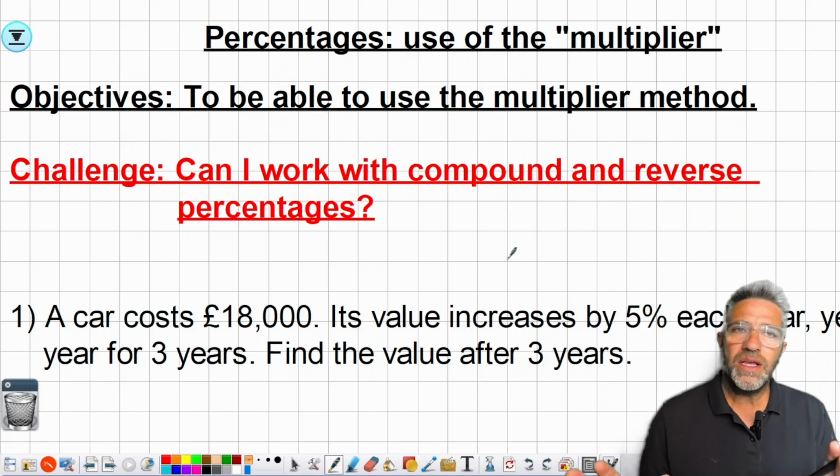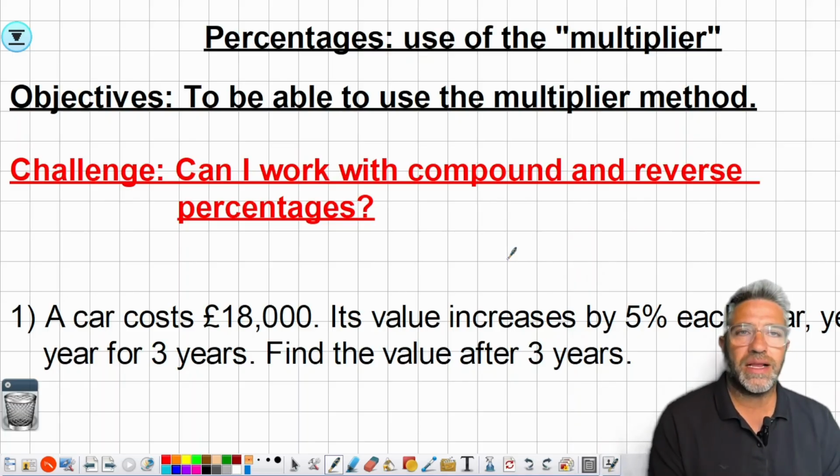Not always. So I'm only going to assume that somebody's bought a rare vintage car, perhaps, that is an investment. In other words, it's going up in value, but it certainly isn't the norm. This would not normally be the case. But nevertheless, that's the question we've been presented with. So let's start tackling it.